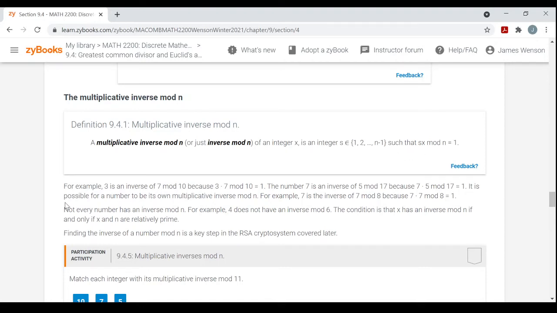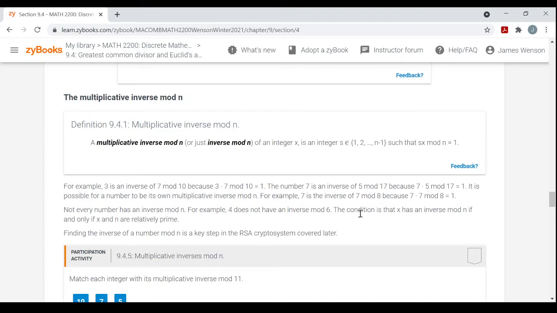They give you some examples, right? 3 is an inverse of 7, mod 10. Because when you do 3 times 7, that's 21. But when you go mod 10, you got 1. Right? 7 is an inverse of 5, mod 17. Right? Because when you do 7 times 5, you get 35. Which, when you divide by 17, has a remainder of 1.